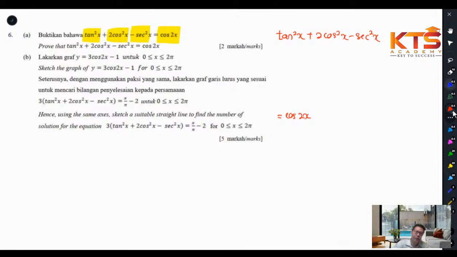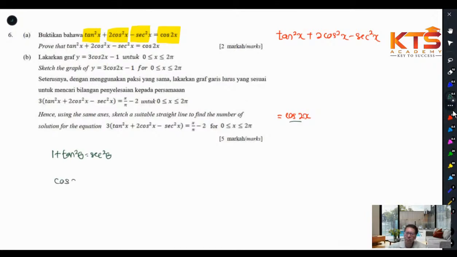Again, before I do, I will list down the formula somewhere, which I will erase later. Let's put 1 plus tangent square is secant square. And then here, what else? I have cos 2x.